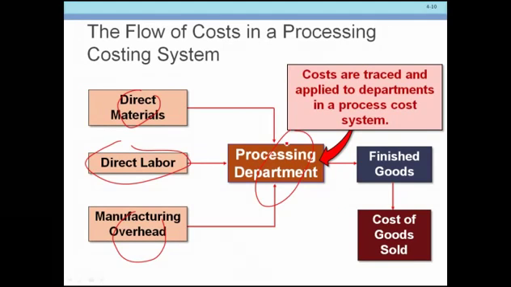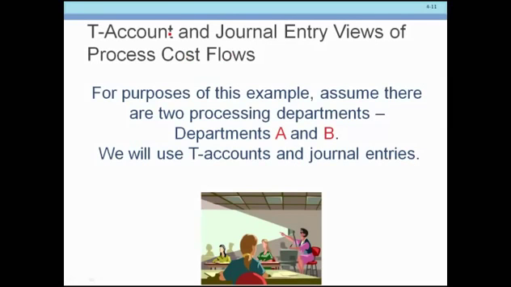Once the department is finished with this product, it's considered finished product for this department. It might move to department 2. Once it's in department 2, we may add material, labor, and overhead. Then it moves maybe to finished goods or to a third department. Eventually it will end up in finished goods, and hopefully we sell the product. Okay, let's look at this.